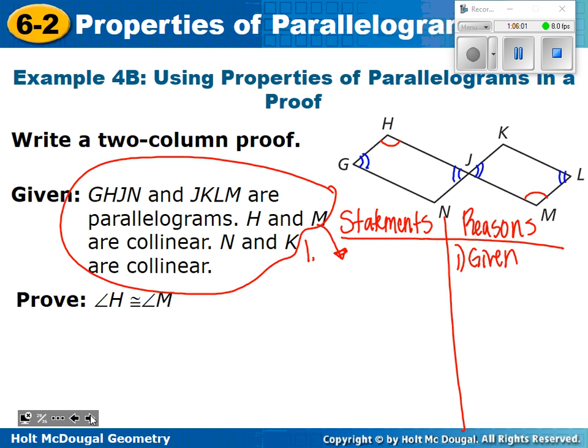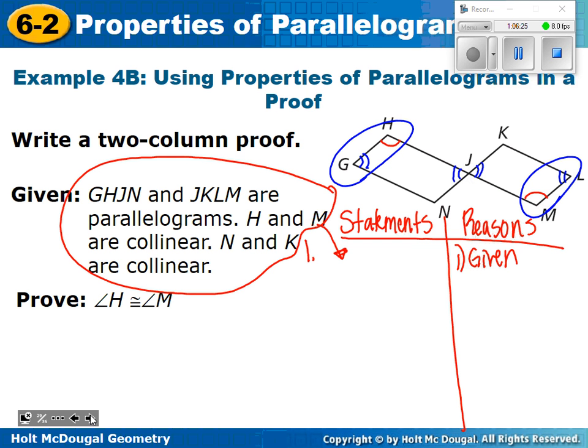Because they're vertical. Okay, and what do we know about these two angles? They're going to be supplementary. And what do we know about these two angles? They're also going to be supplementary. So if these two angles are supplementary to these two angles, and we can prove that they're congruent, then that means these two have to be congruent. And that's that congruent supplements theorem.